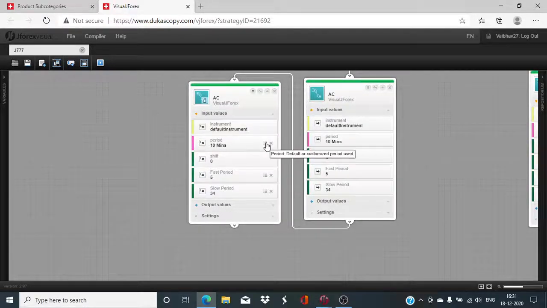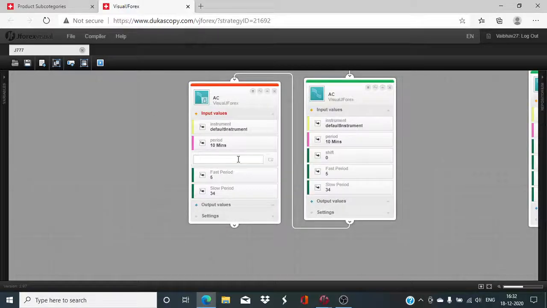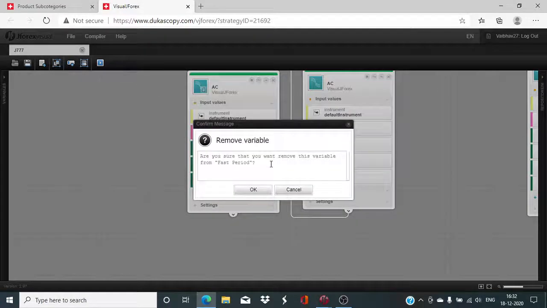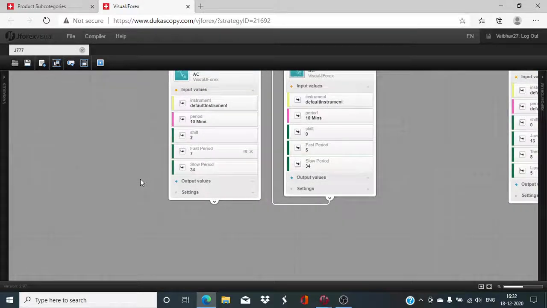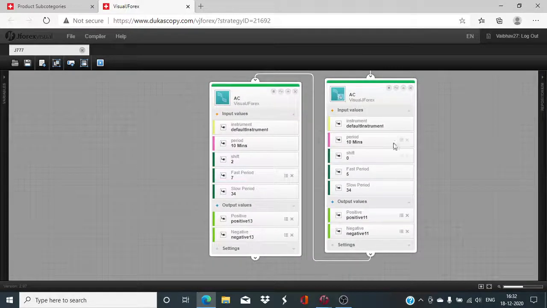Now we make some changes in the shift value. We change it to say 2, we keep it 0, and also we change the fast bit, suppose 7. We have changed the combination. So here you will have different output values being derived after providing these input values.